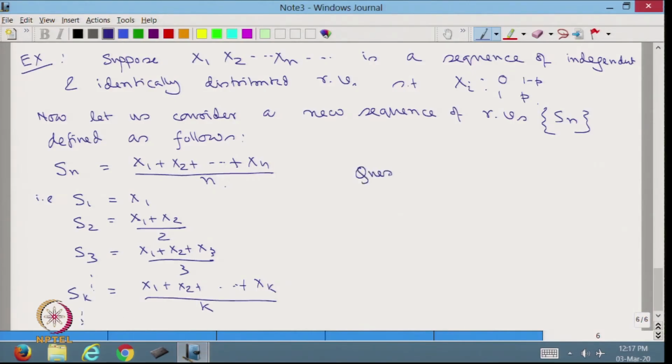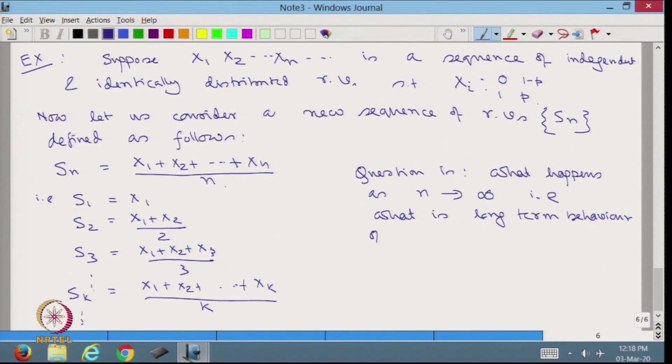Question is, what happens as n goes to infinity? That is, what is the long term behavior of S n is equal to x 1 plus x 2 plus x n upon n.